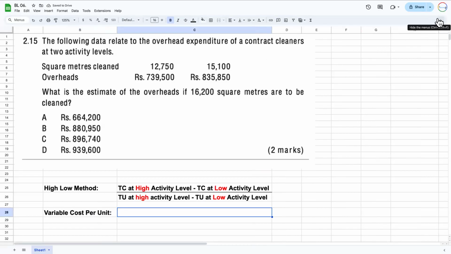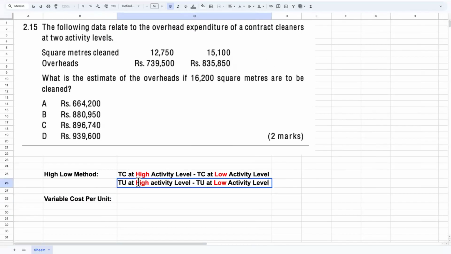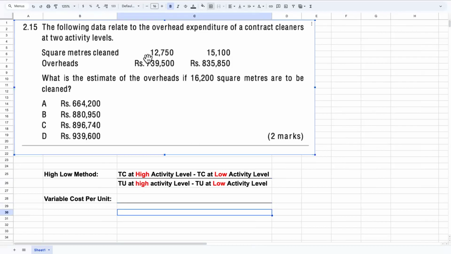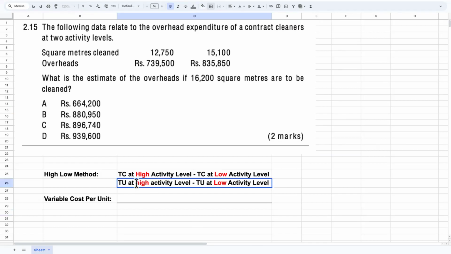So if we replace this text with the numbers, as you know, there are two activity levels. The square meters cleaned are 12,750 and 15,100. Obviously, the highest square meters cleaned is 15,100. That is the total units at high activity level.